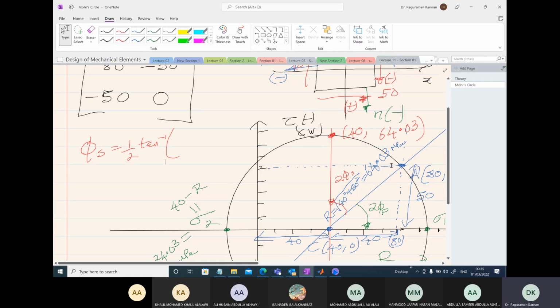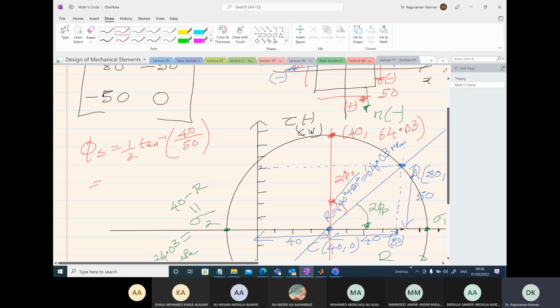What is the opposite side here? This distance is nothing but 40, already calculated, and the height here is 50. Is it positive or negative with respect to the x-axis? We are measuring the angle in the anticlockwise direction, therefore it should be positive.